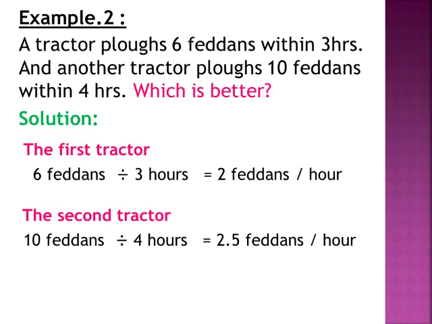Now which is better? The first plows 2 feddans per hour and the second plows 2.5 feddans per hour. Okay, the second is better.